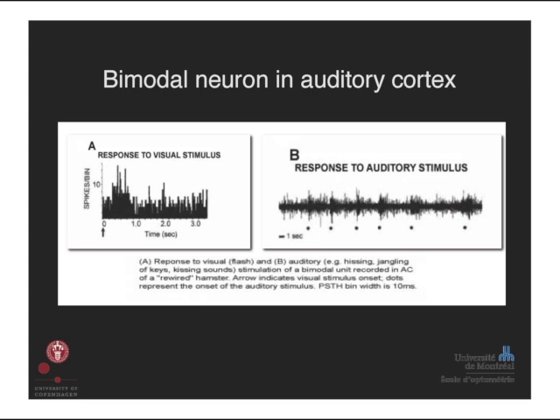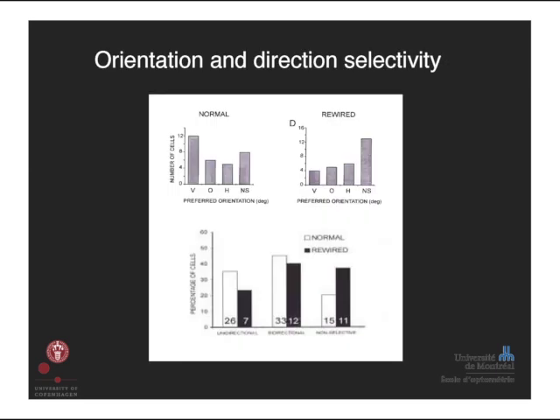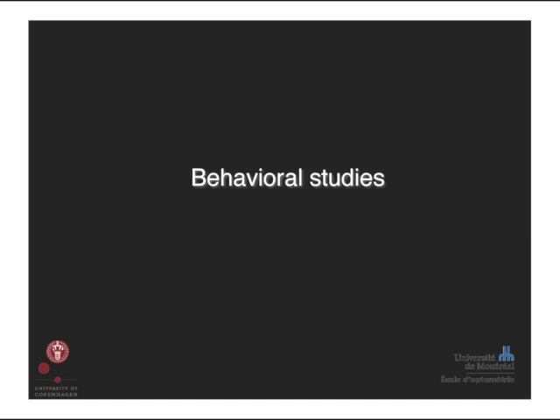We looked at orientation preferences, and normal animals have orientation preferences for vertical, oblique, and horizontal, and we find the same thing in the rewired animals. And if we look at direction selectivity, we find cells that are unidirectional and bidirectional.